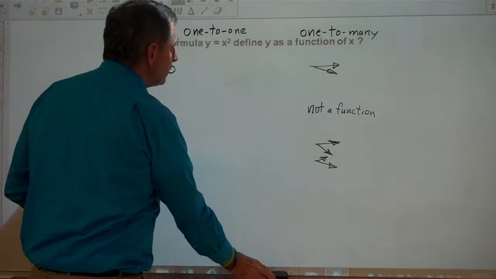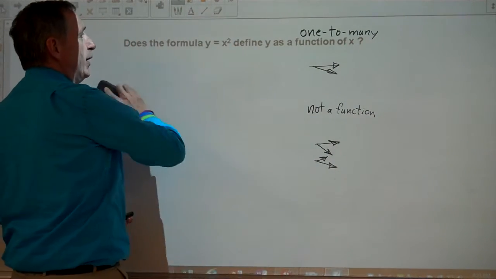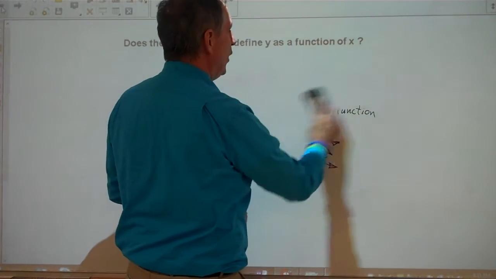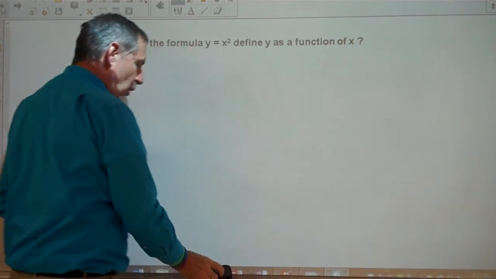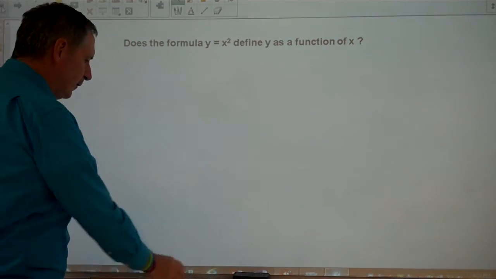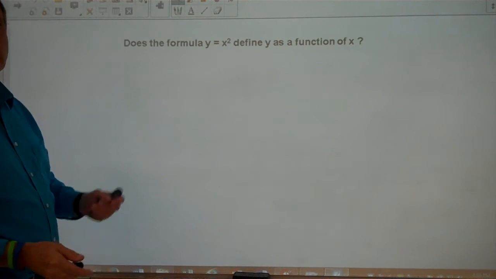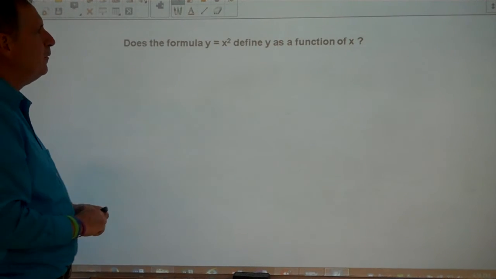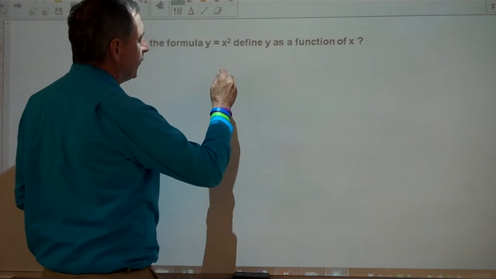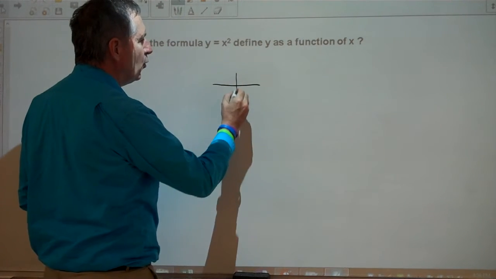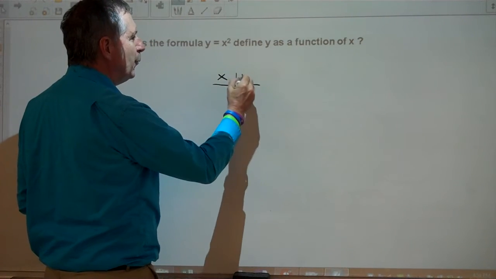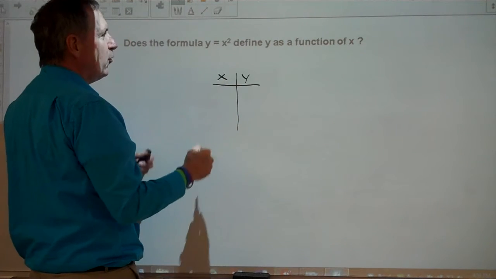Next, algebraically, does the formula y equals x squared define y as a function of x? What you're looking for is, if you have an input value for x, are you only going to have one possible output value? You can just try different numbers.